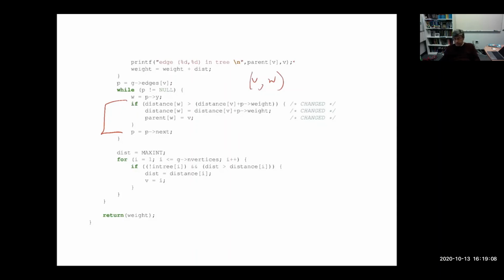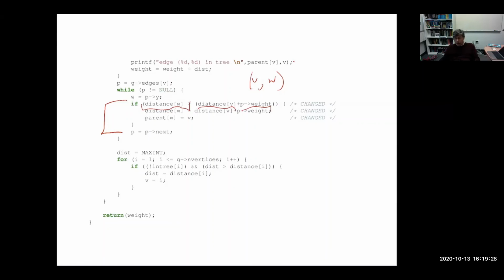If the distance from S to V plus the weight of this edge is less than the best way I already know of getting from S to W.